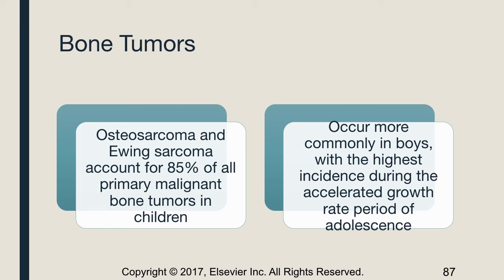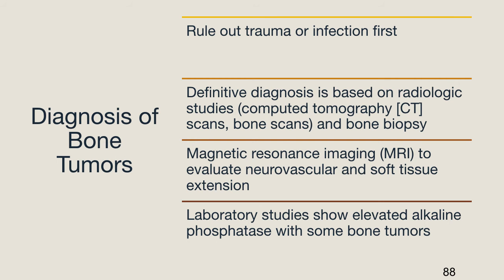Primary bone tumors occur more commonly in boys, with the highest incidence during the accelerated growth period of adolescence and pre-adolescence.